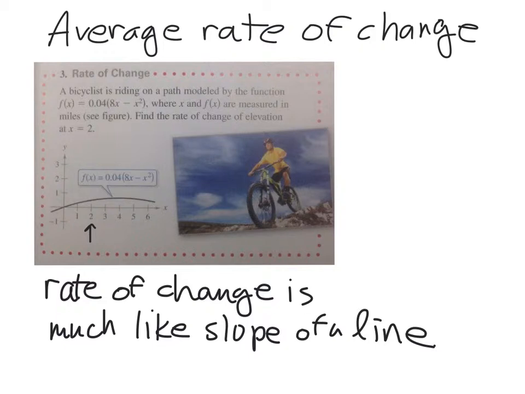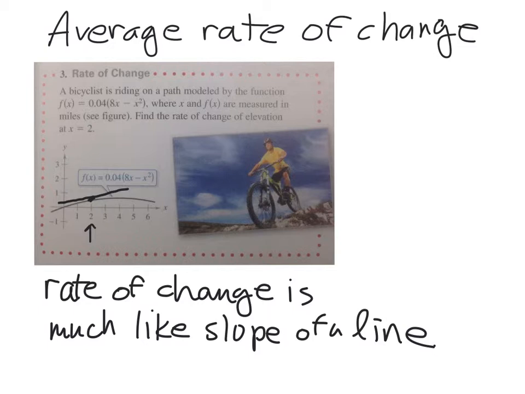And in fact, technically the rate of change, not the average rate of change, but the rate of change exactly at x equals 2, that's going to be represented by the tangent line. And the slope of that tangent line will be the rate of change of elevation at x equals 2.